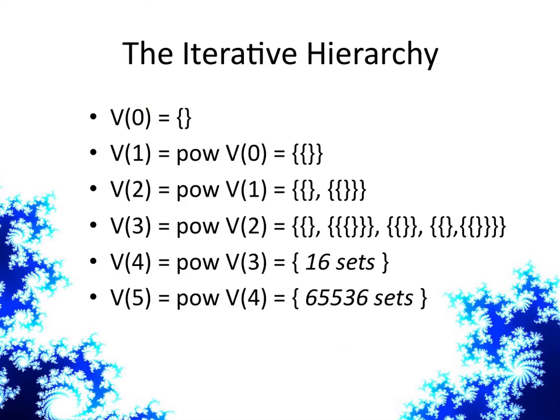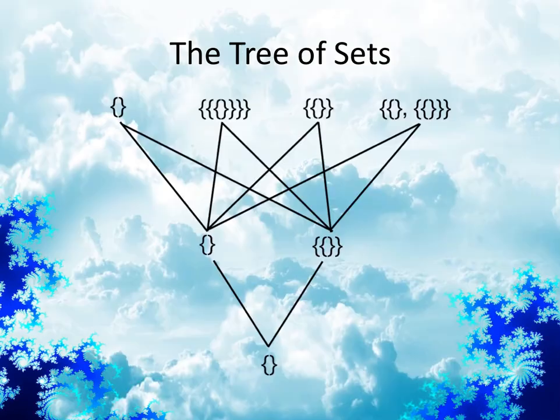Well, here you go. Here's a bit of the iterative hierarchy. V0 is the empty set, V1 is the power set of V0, the set of the empty set, V2 the power set of V1, a set containing the empty set and the set of the empty set. And then we've got V3, the power set of V2, V4, the power set of V3, V5, the power set of V4, V6, V7, and so it goes.